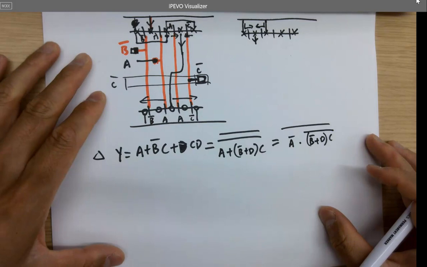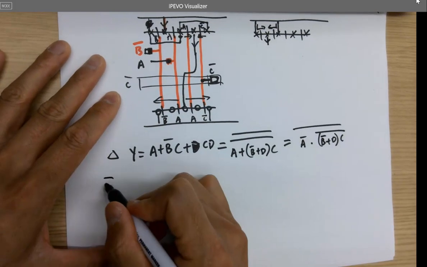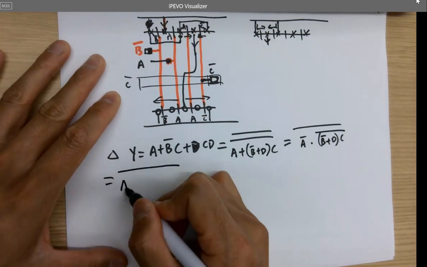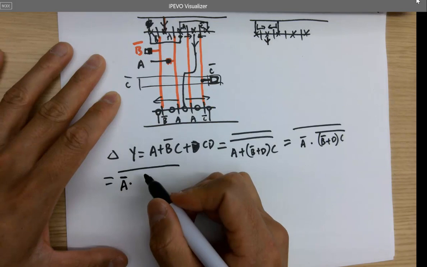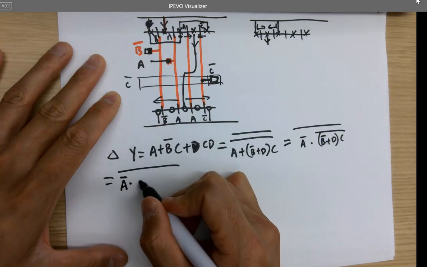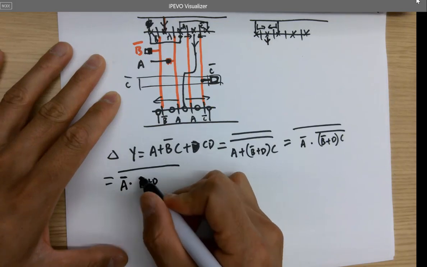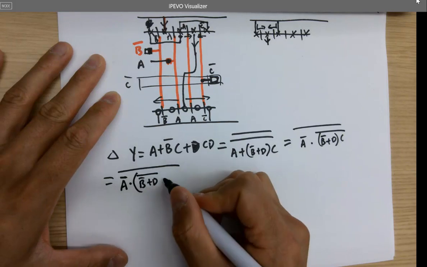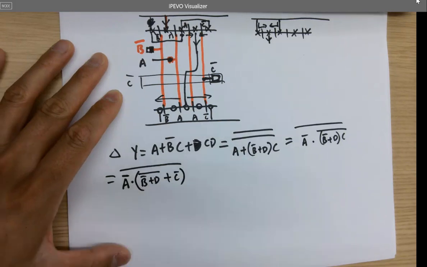And this equals A naught and B naught or D naught or C naught.